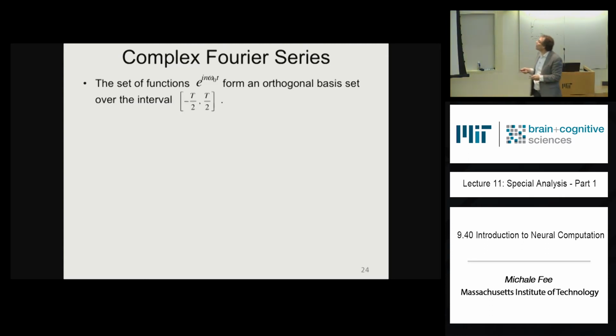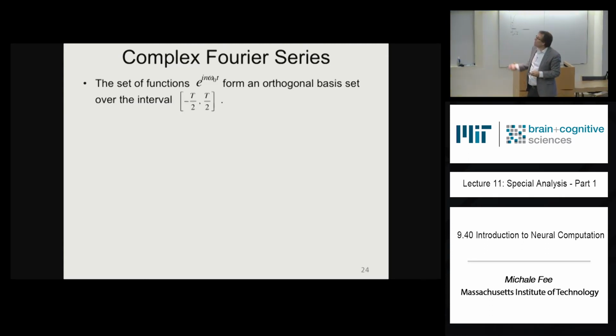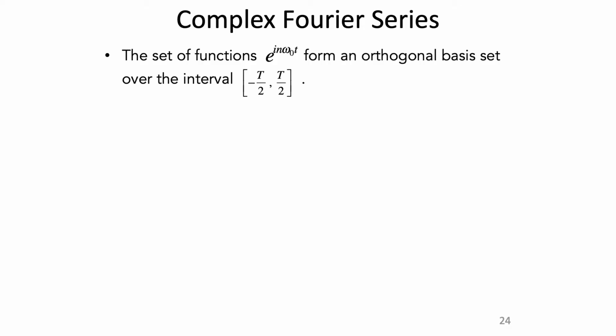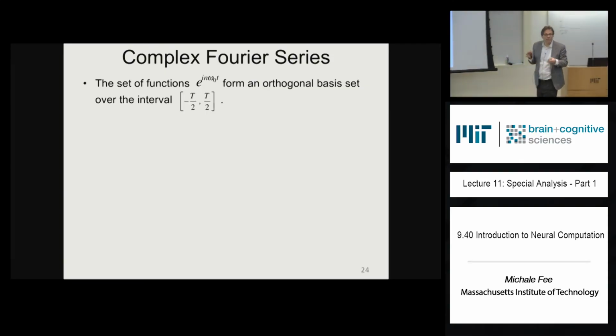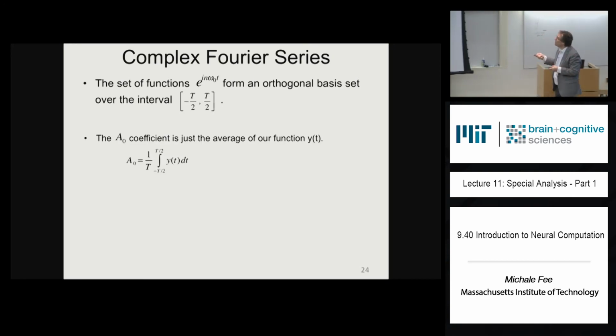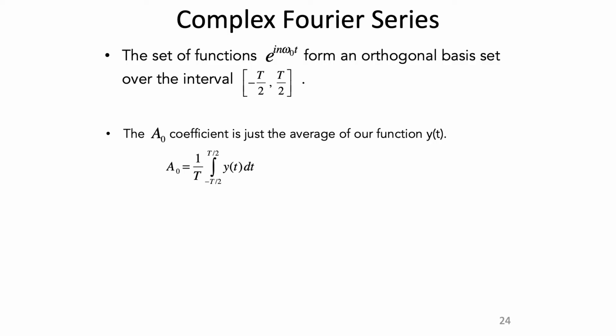Okay. So again, this set of functions e to the i n omega naught t form an orthonormal basis set over that interval. The a naught coefficient is just the projection of our function onto e to the 0, n equals 0, and that's just the average.